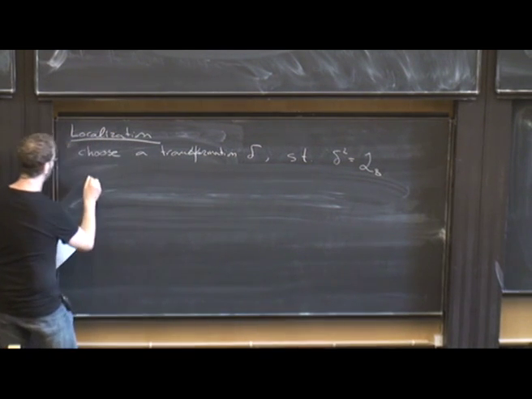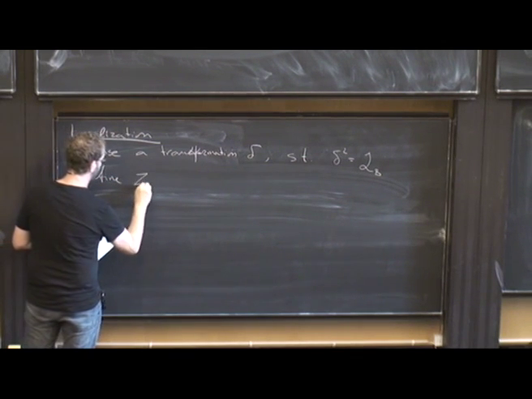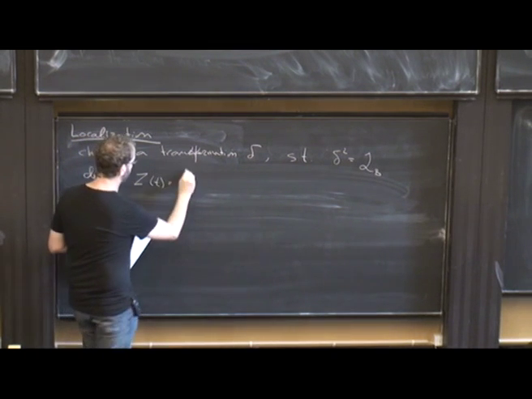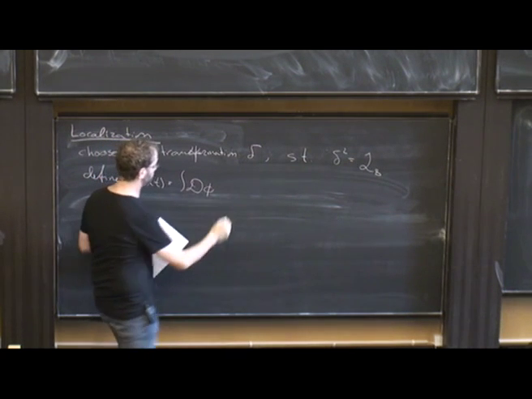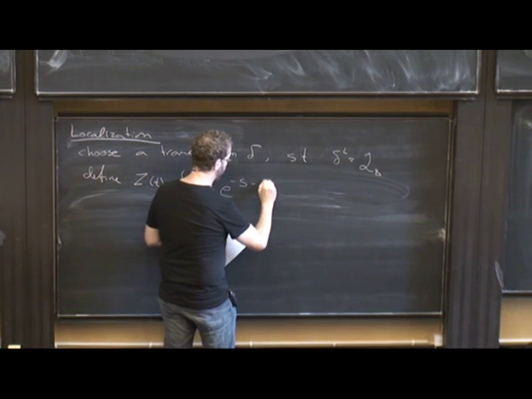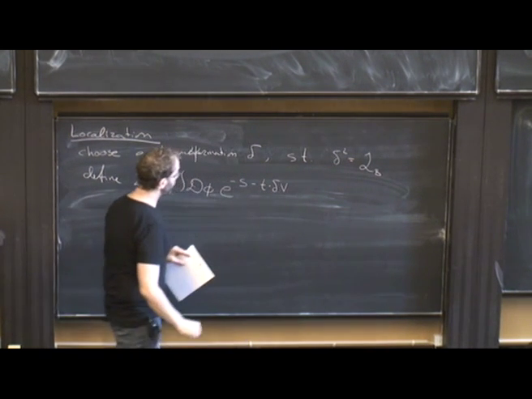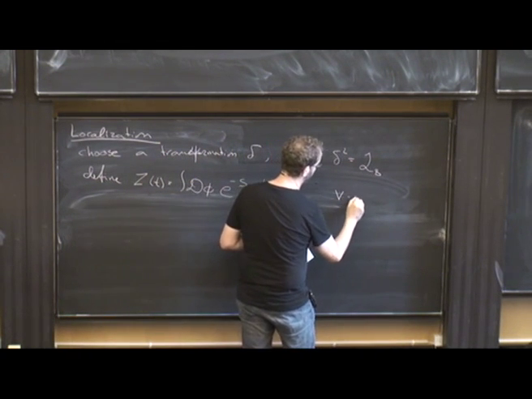And then define the partition function as a function of t to be the path integral over all your fields, e to the minus S minus t times delta V, where V is a fermionic quantity.